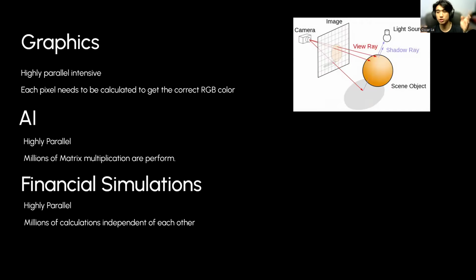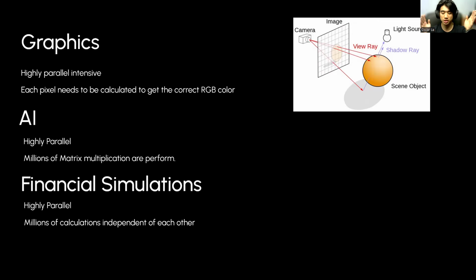And for real-life use, what the GPU is primarily used for is graphics, as in the name. Each pixel on the screen needs to be calculated independently of each other, which is perfect because they all need to be done at the same time.